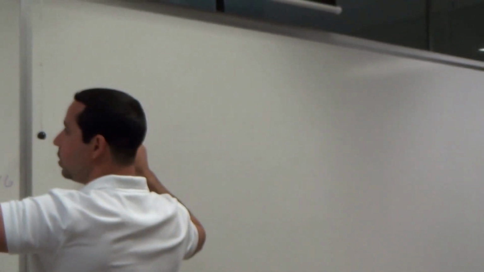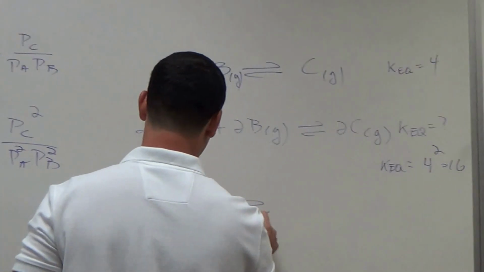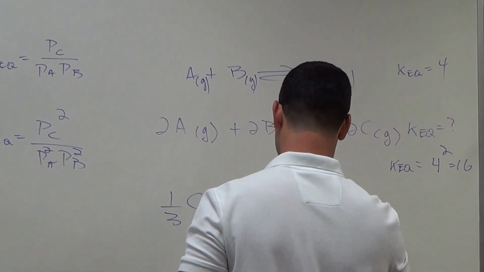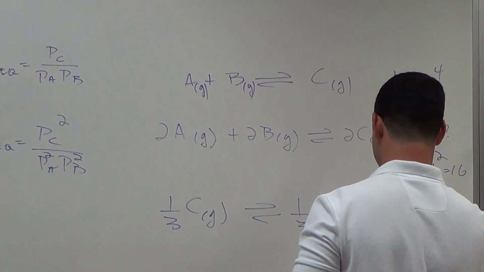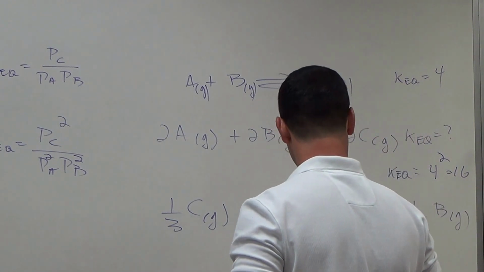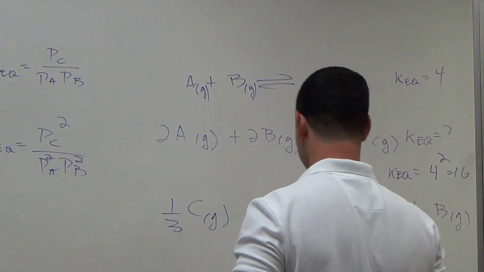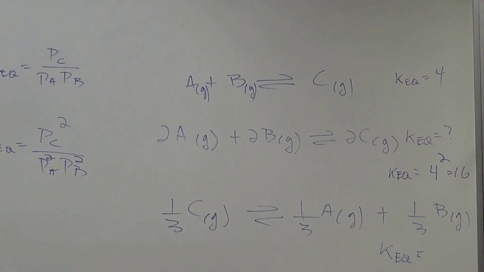Okay, let's say it's still this. I'm going to give you a new equation. Calculate the equilibrium constant for this. If you can't do this, you're ashamed to your family.